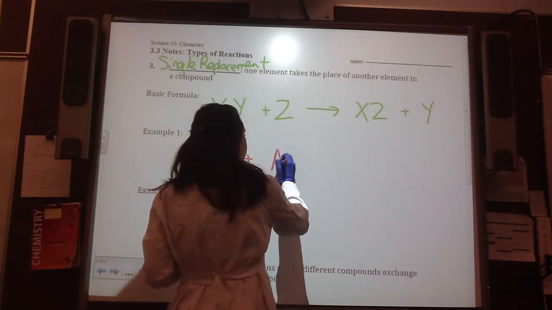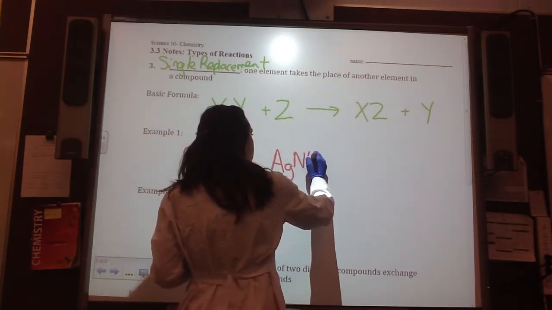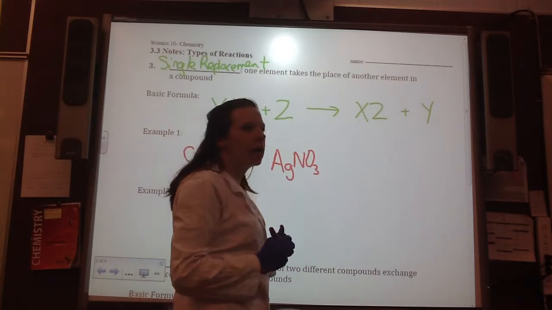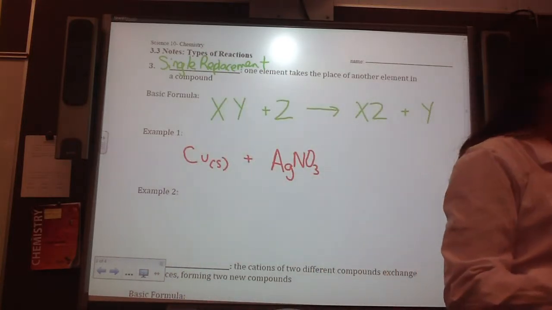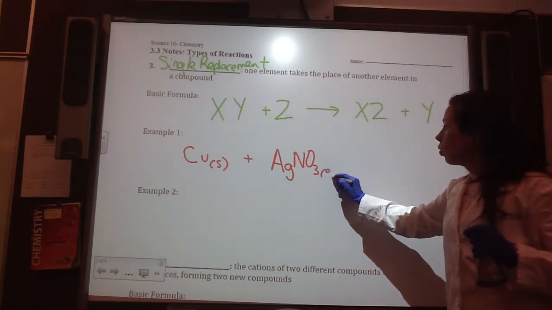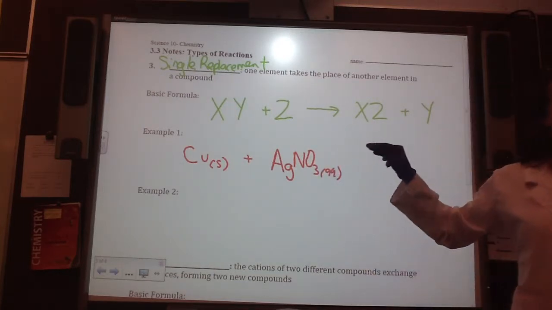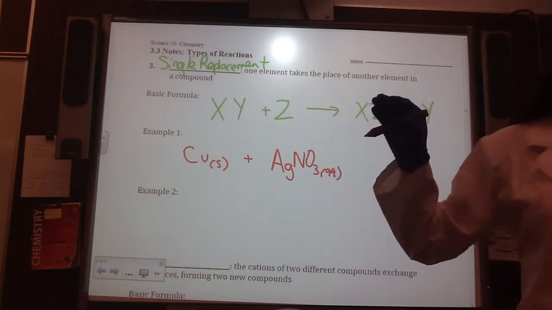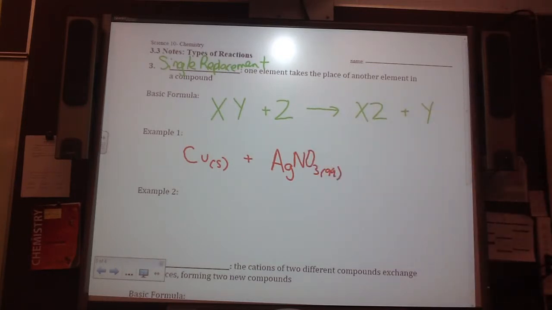So we have silver nitrate. Now, I'm going to try and dissolve it in water, and when I do, it actually does dissolve, so it's aqueous. So when we get into these types of questions, if it can dissolve in water, you write it as aqueous. If it can't dissolve in water, you write it as a solid.